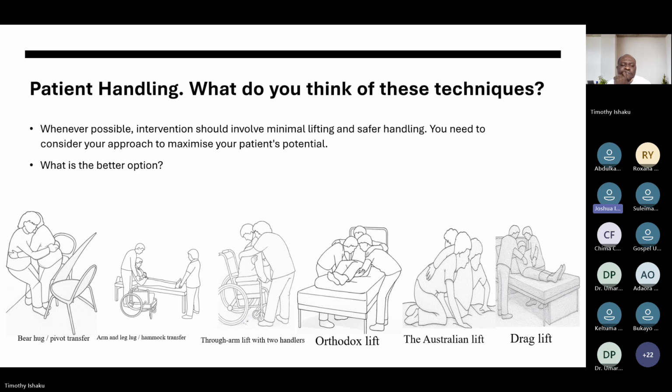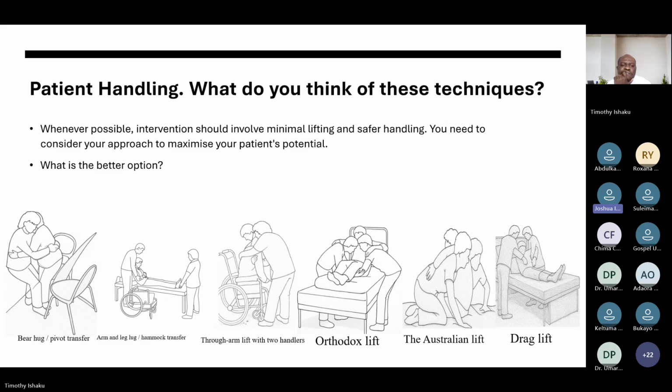And again, if there is no instrument, what we need to do is to put the science of biomechanics into play.